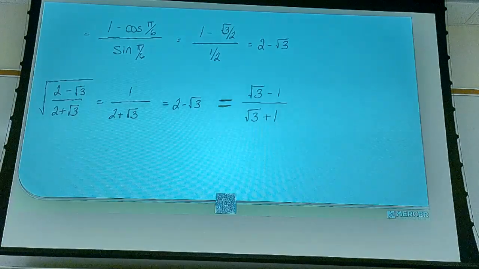Tangent of pi over 12 can only have one value. Those are all the same. So any of those answers would be right, depending on how you do it. On Wednesday, you learned a different way, with the sum and difference identities.